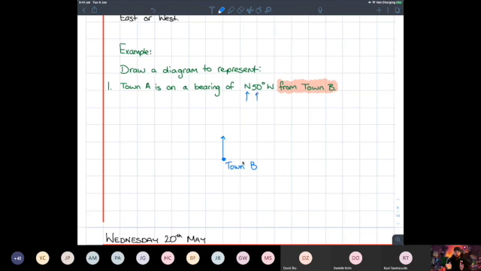All right, so I know I'm moving 50 degrees away from north, and that's in a westerly direction. So 50 degrees. So we want to go this way, 50 degrees. And we're over here somewhere, and that would be where town A would be located.